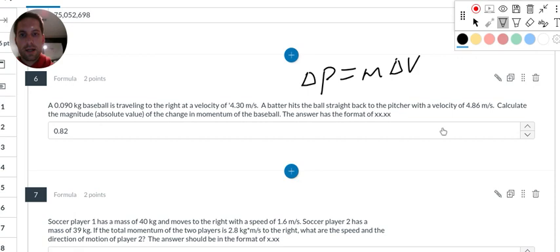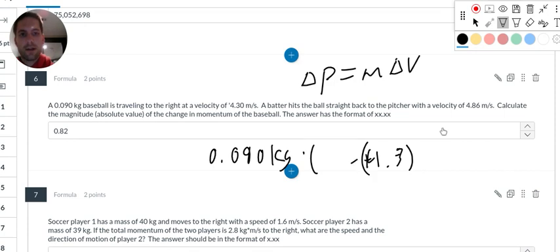And we're going to say that 0.09 kilograms times, that's initially going 4.3, like so, to the right.